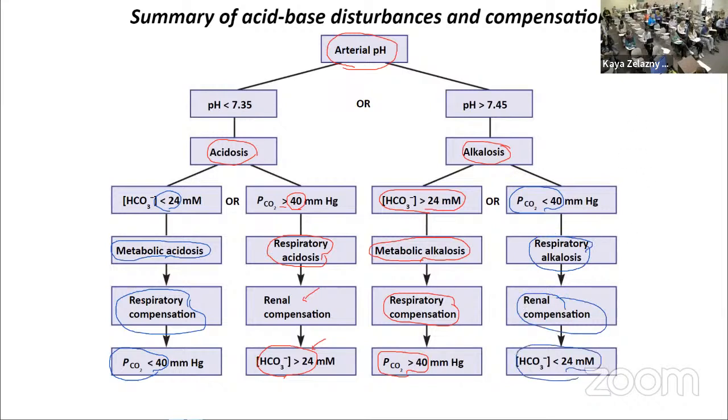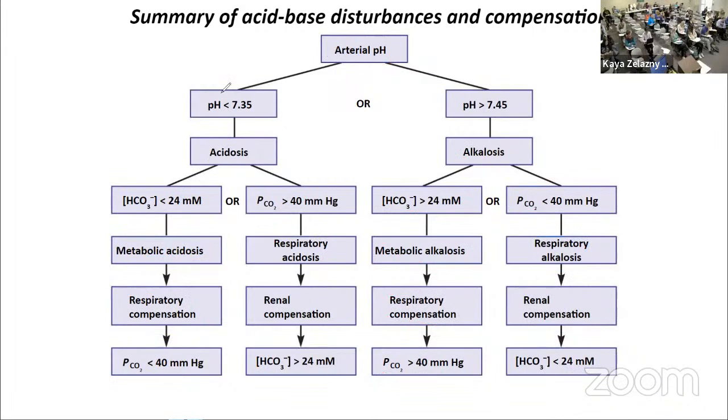Okay, so the way I look at diagnosing these things myself, running through this, I would check your pH first, right? Check pH first, acidosis versus alkalosis. For me, the next easiest thing is to just figure out respiratory versus not. So for respiratory, you're going to have too high a CO2 if it's respiratory acidosis.